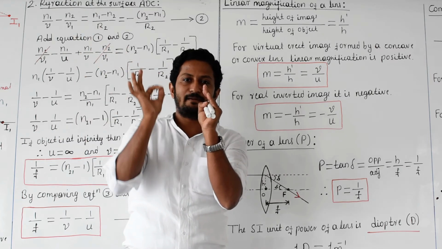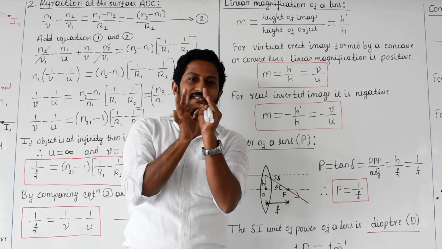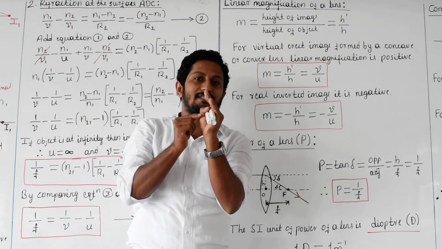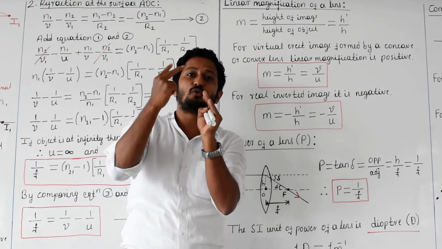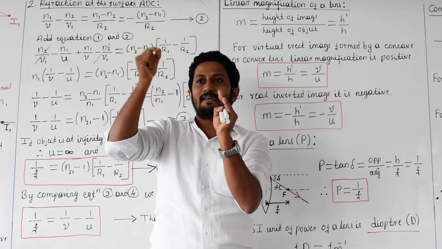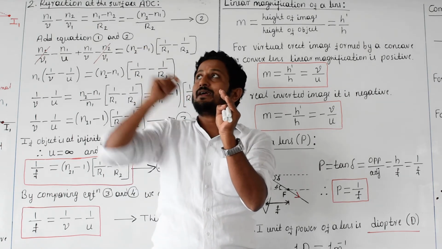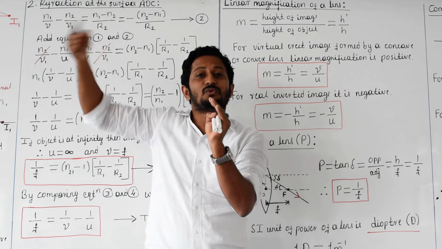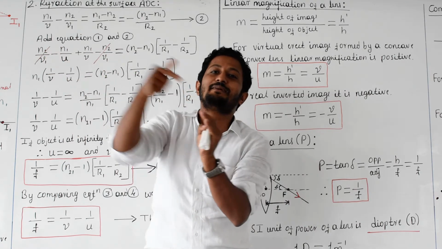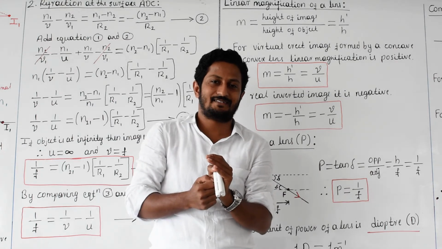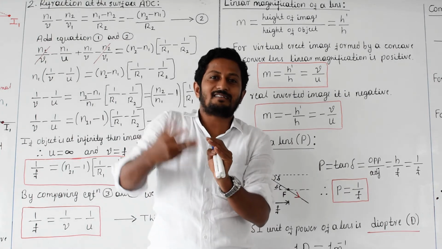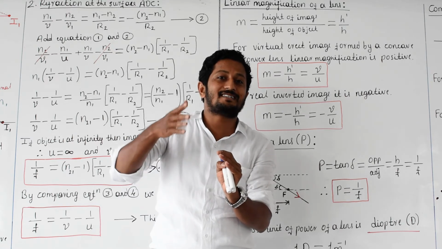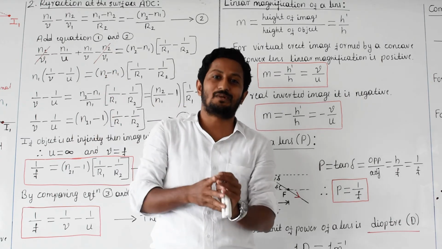Lens, AB, see here optical center. Getting what I mean to say? Here A dash B dash, optical center. I mean here you will be getting two right angle triangles, ABO and A dash B dash O. These two triangles look similar. If they are similar, then the ratio of their adjacent sides are equal.